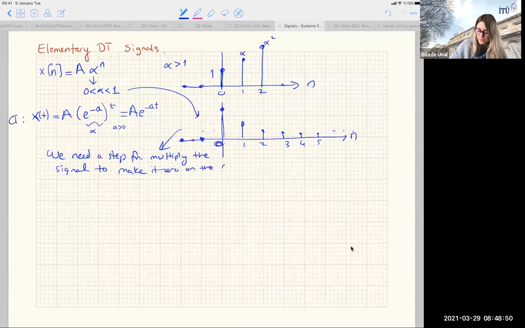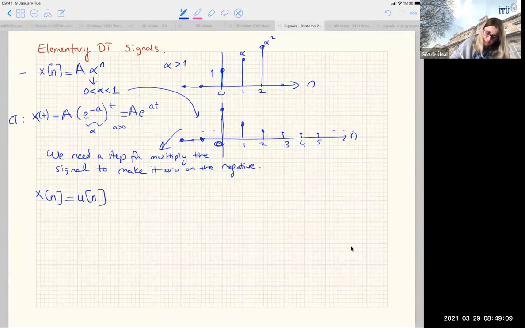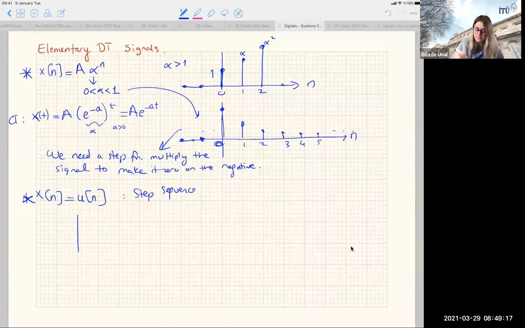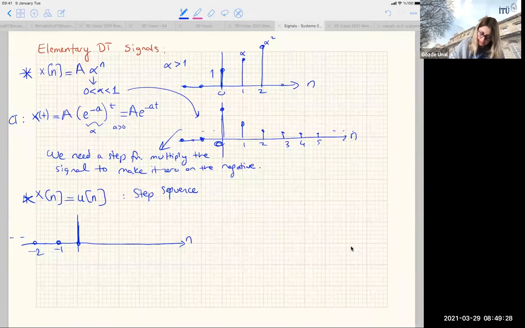This is good because we typically work with finite signals or signals that start at some time point. So that helps us to define such signals. So first let's define x of n is u of n. This was one example, and this is now another example. This is the step function, or step sequence in the discrete time case. When I say step function, it's going to be more like the continuous case. It is zero for all negative n and starts as 1 at 0, 1.